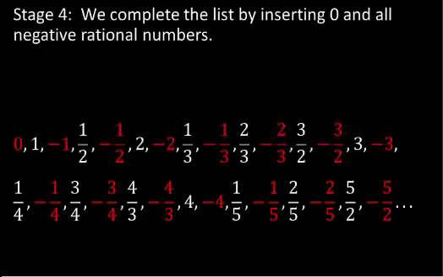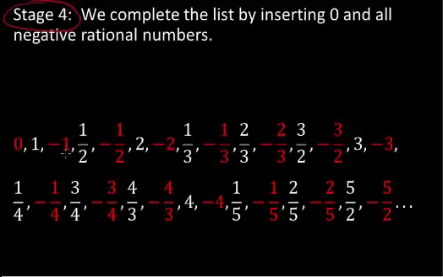So here is stage 4. I guess I used red again. I typed this out on my PowerPoint slides, so sorry I repeated a color here, but stage 4 here is shown in red. And all I'm doing at this point is, we had all of the positive rationals. All we need is 0 and the negatives.